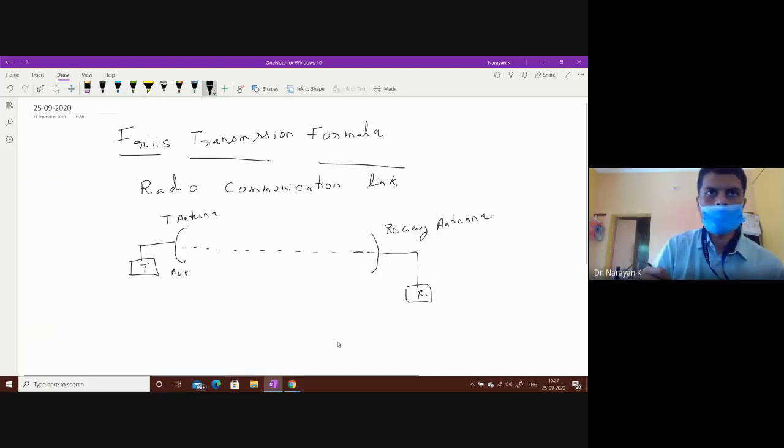This is the effective aperture of your transmitting antenna. This is the effective aperture of your receiving antenna. This is the distance d of separation between your transmitting and the receiving antenna.